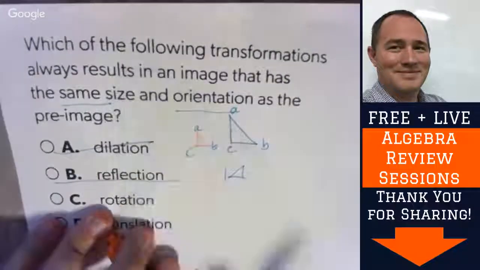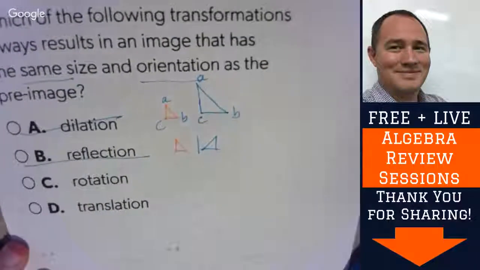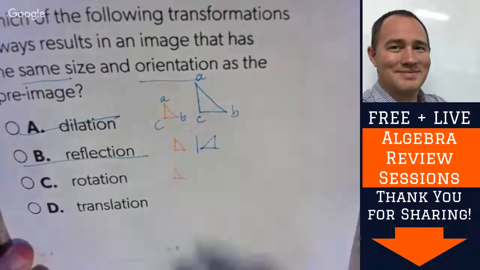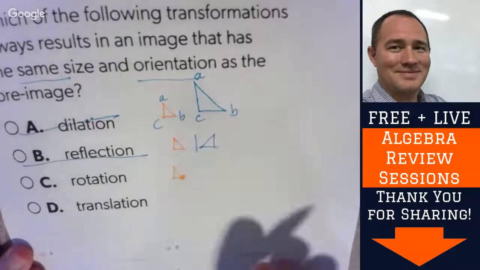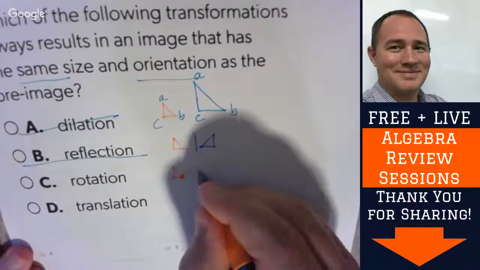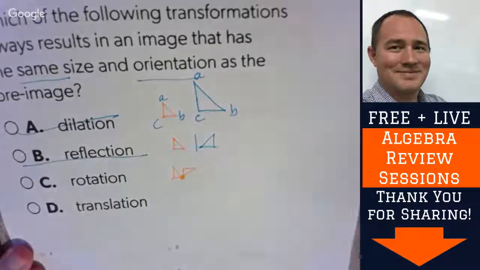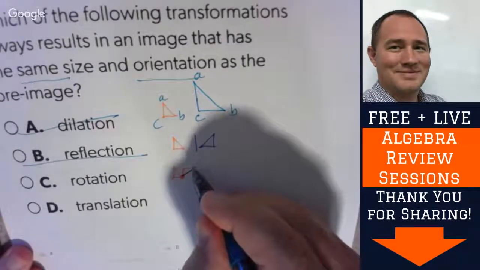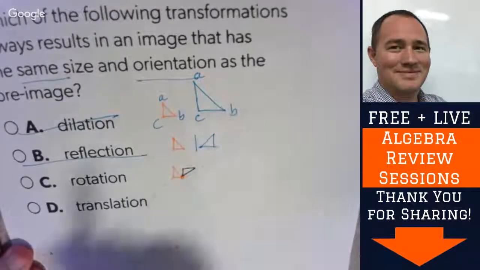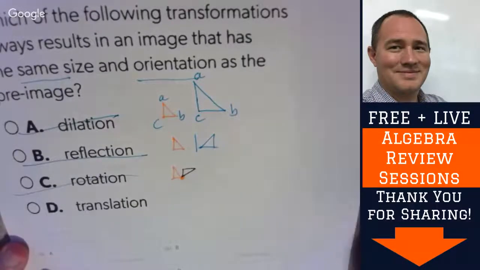So dilation is no good here. A rotation might be something like this, if this is the original. And if we were to rotate around that point, there might be something like this, like if the blue was the image from the pre-image that was rotated. Definitely not the same orientation, right? So rotation is no good here.